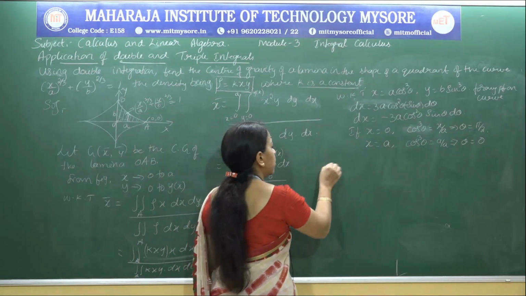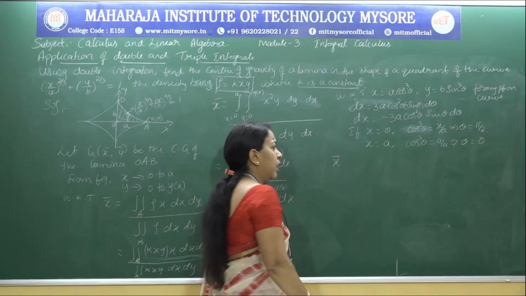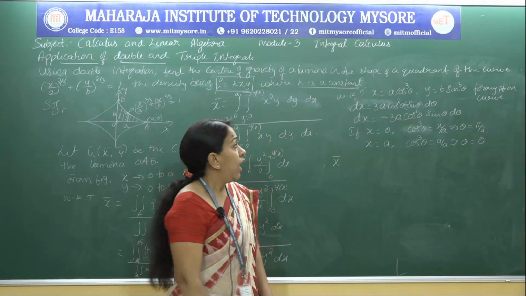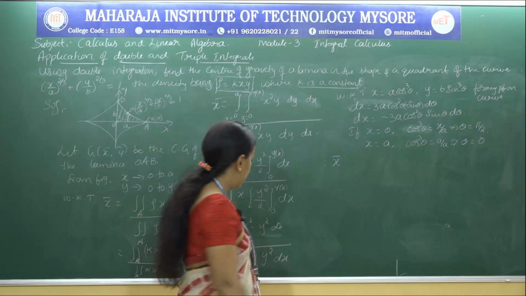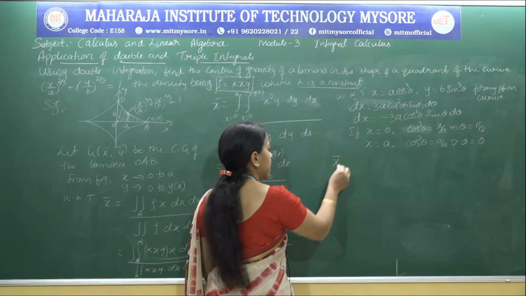Now substitute the limits of theta and also x, y and dx in the standard result, that is x bar.